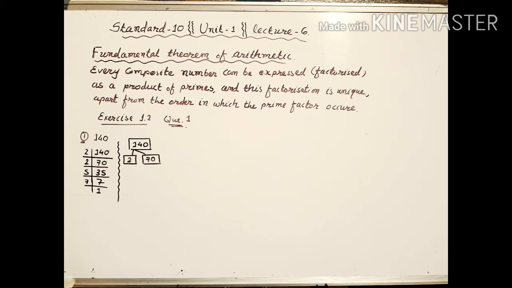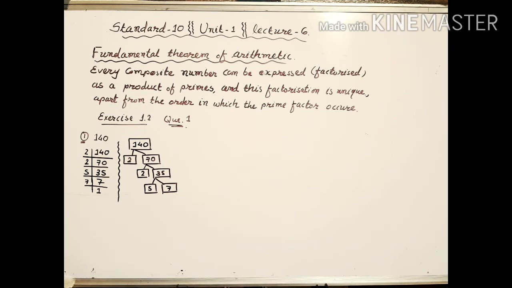And now we will write factors of 70 with prime factor 2. So factors of 70 with prime factor 2 are: 2 thirty-fives are 70. So we will write 2 and 35. Now factors of 35 are 5 and 7. So we'll write 5 and 7 under the boxes of 35.